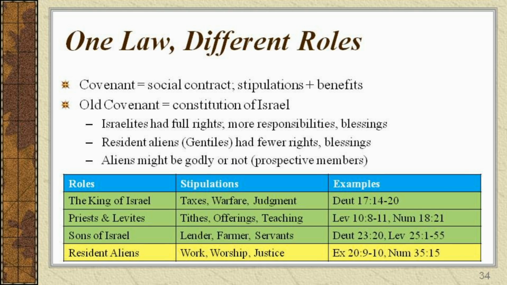They were not full citizens, so they had fewer rights and fewer blessings as a result. These resident aliens may or may not have been interested in worshiping the God of Israel. They were prospective members of the nation of Israel. They were free to become full citizens or remain as resident aliens while they lived among the Israelites.